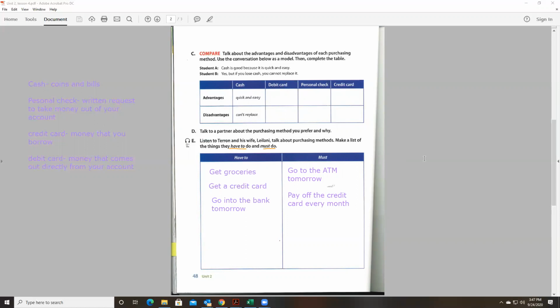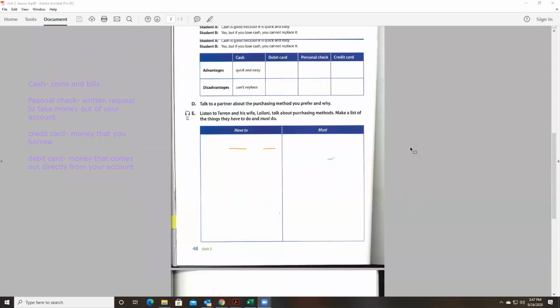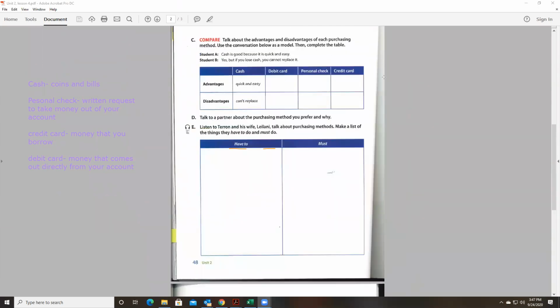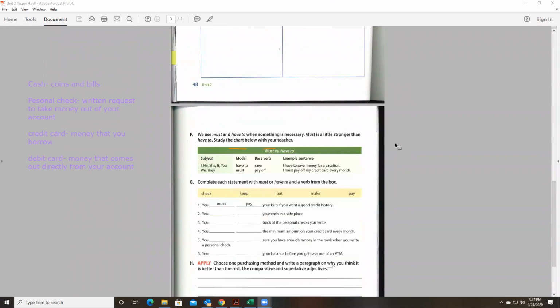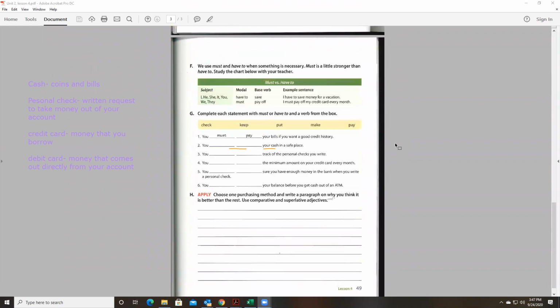Okay, looks like I forgot to clear. That's good, it's no big deal. Okay, F. Now it says, we use must and we use have to when something is necessary.